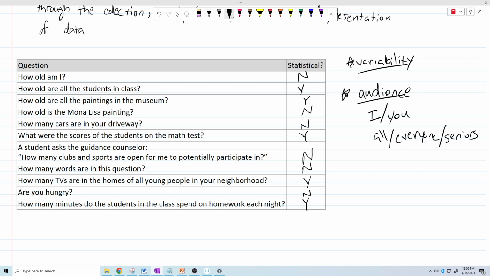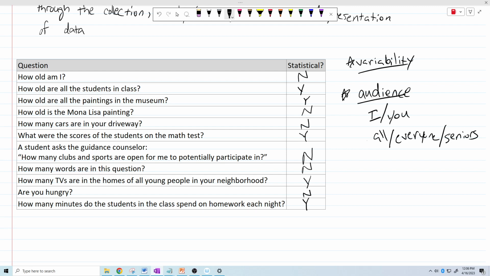So audience, and let's see, what other pattern are we seeing in these questions? Well, I think that's really the big thing. There's going to be variability in the answer, and depending on who you ask, you're going to get some variation in the answer.